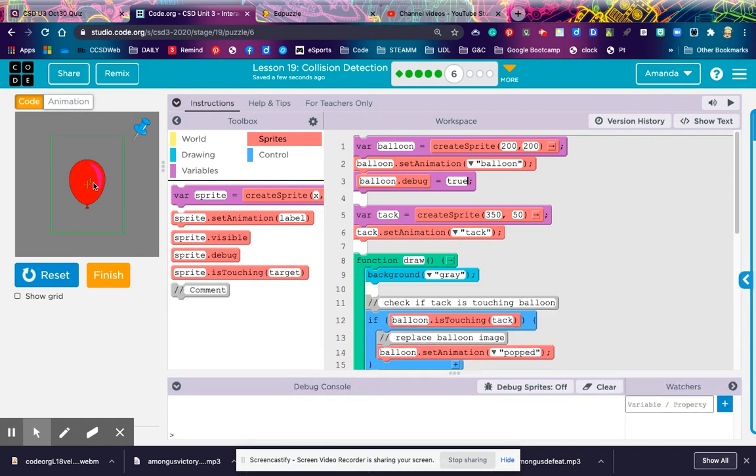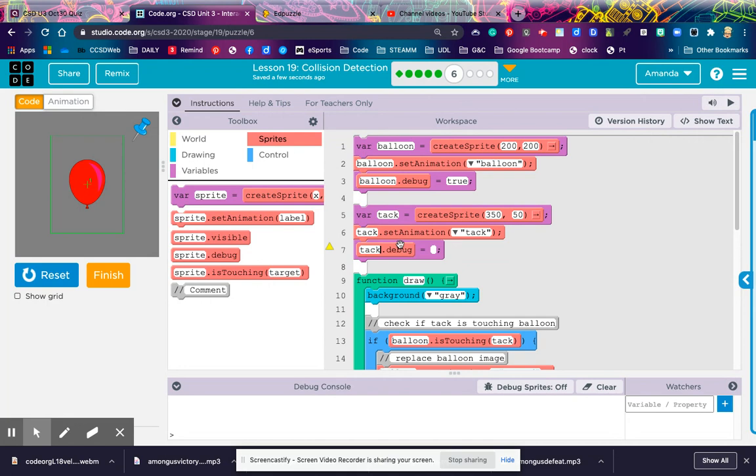So what if I do the tack.debug true? Let's see what happens here. Okay.